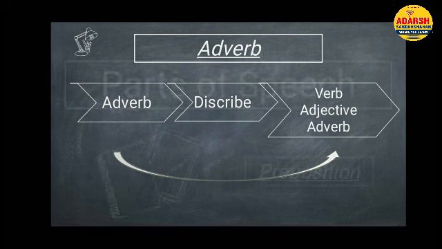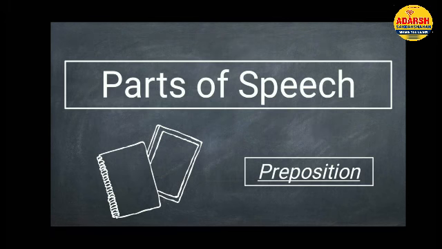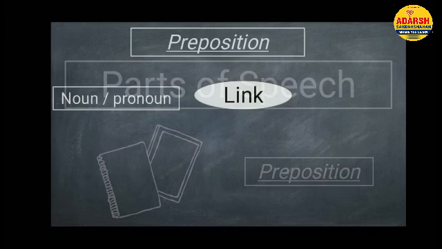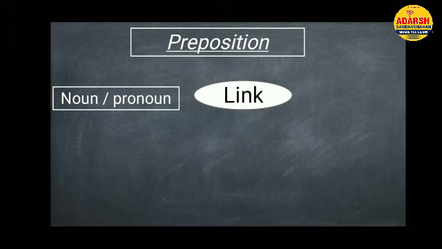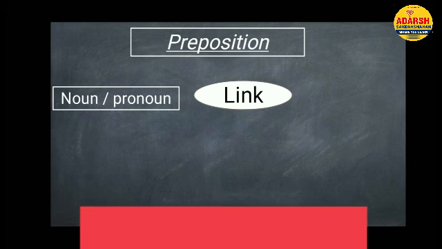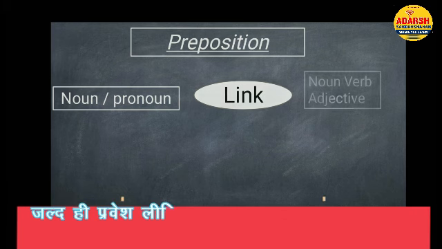Now let's look into the next part of speech, which is preposition. A preposition is a word used to link a noun or a pronoun with other words in the sentence.